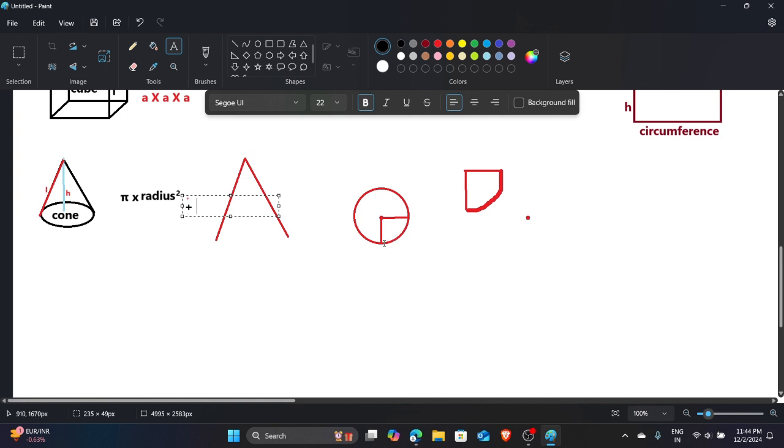So this length is the circumference of it, and this is the area. Plus nothing but the r, the l, and the x l.